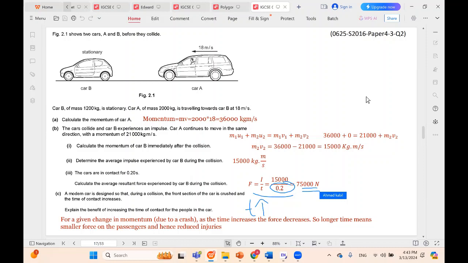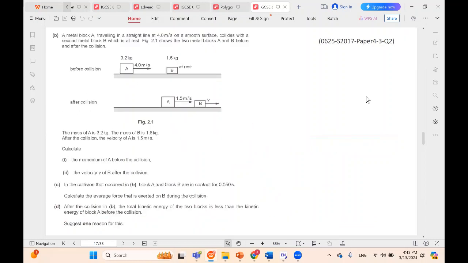So the average force is going to decrease, and instead of 75,000, for example, we get a smaller value. Longer time means smaller force on the passengers, and the whole objective is to reduce the force on the passengers so as to reduce injuries in case of accidents.